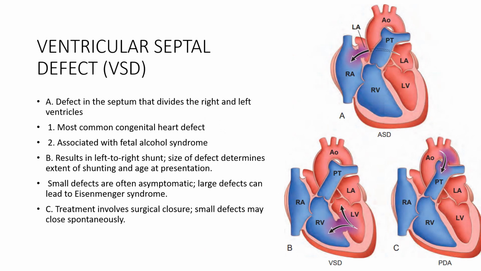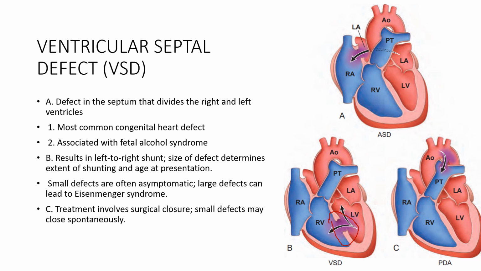Now, ventricular septal defect (VSD). So what do we have in this? There is some defect in the ventricular septum. As you can see in this diagram, this is the ventricular septum, and there is some defect.